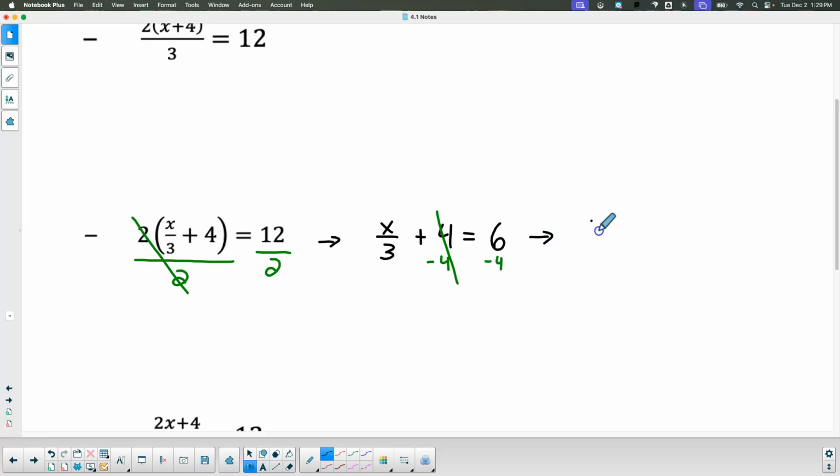X over 3. What do I have on the right side? 2. Okay. Now what would we do? Multiply by 3. That makes the denominator go away. What's left over on the left side? X. What's left on the right side?